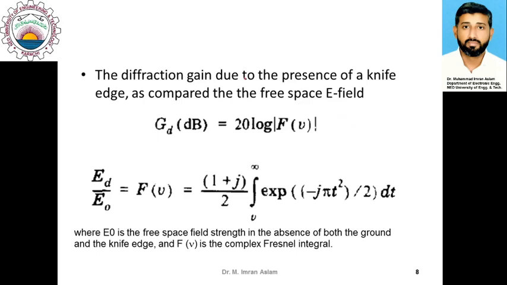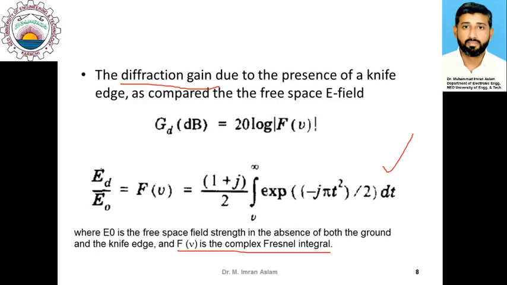How to calculate the loss? Generally, for Fresnel diffraction, we work in terms of the diffraction gain, and loss will be the negative of that gain. The diffraction gain is defined in terms of this F(nu), which is the complex Fresnel integral, defined here.